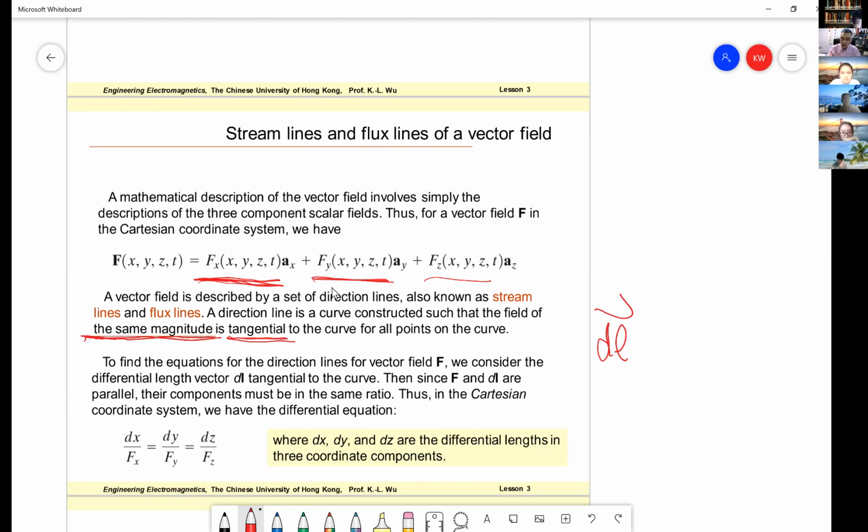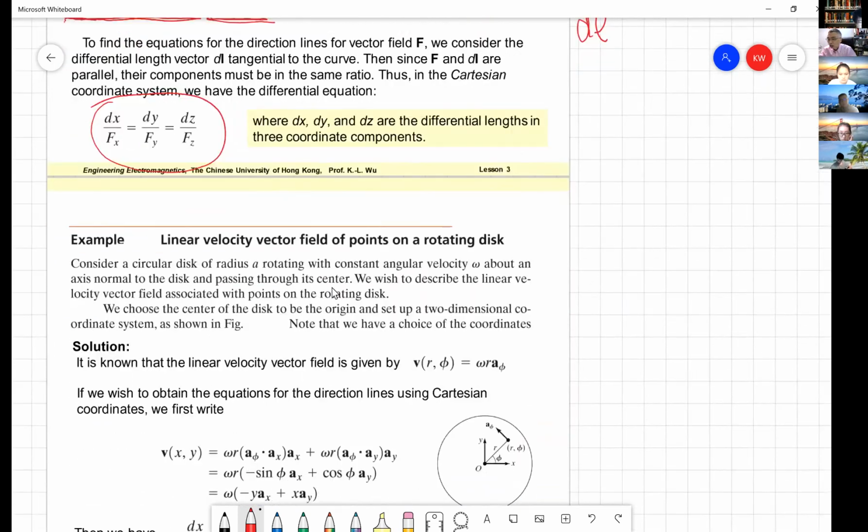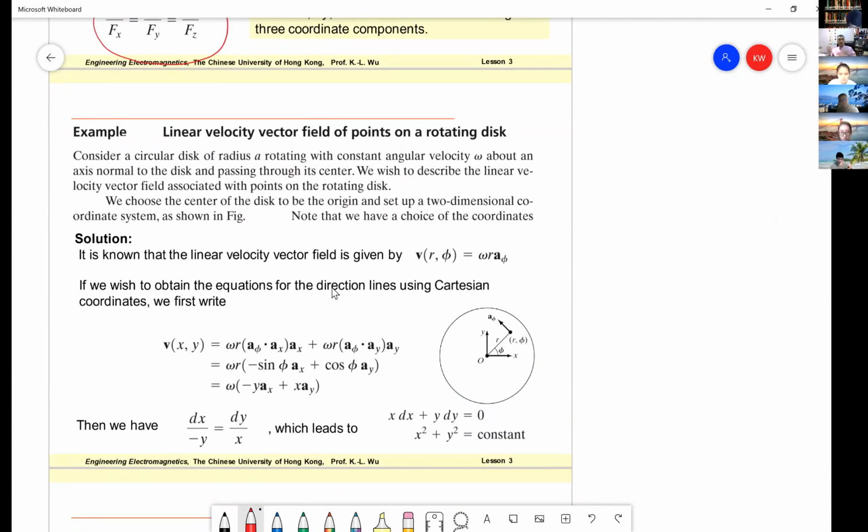That means I must satisfy this relation: if you have two vectors in parallel, their corresponding components are in the same ratio, equal to the same constant. Having this, if you solve it, you can solve for dl of the curve, and then you can draw the curve for a given point and magnitude.